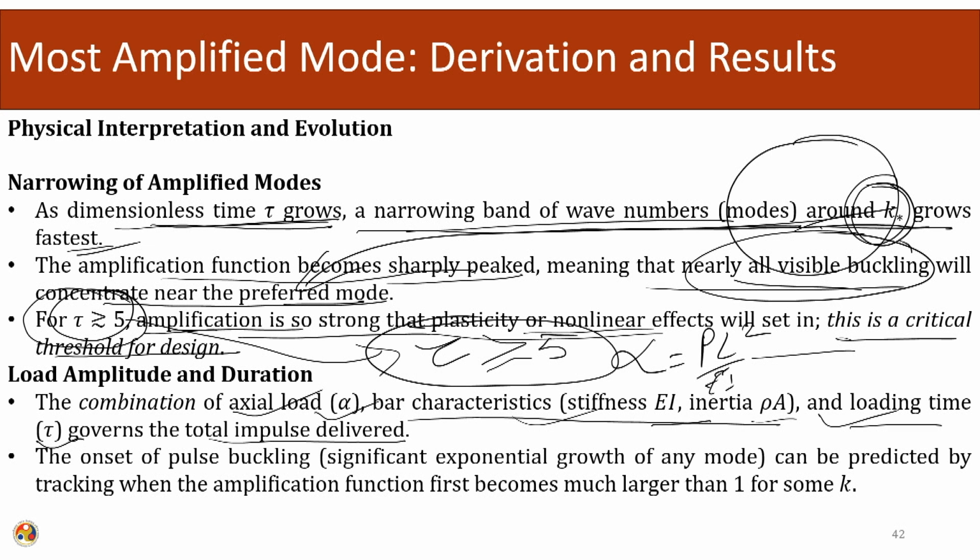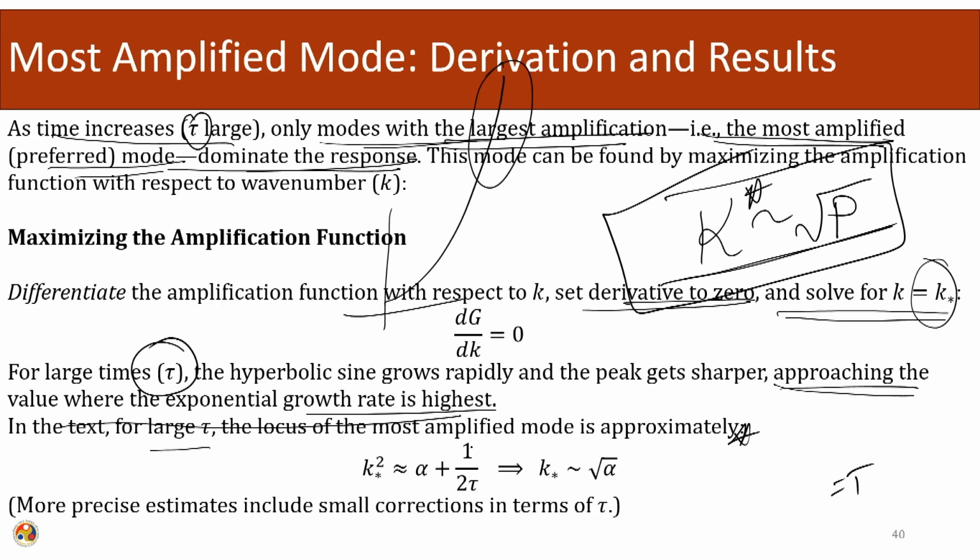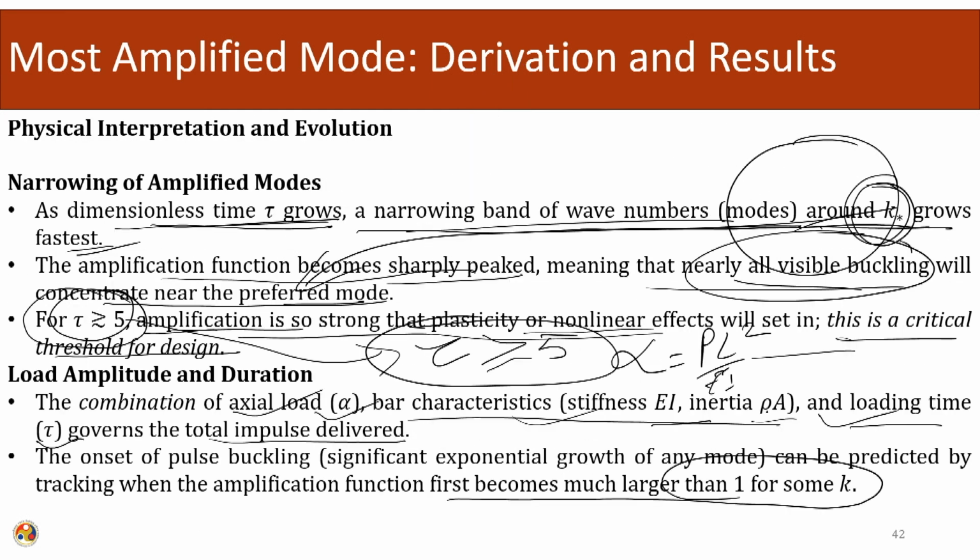At the onset of pulse buckling, significant exponential growth of any mode can be predicted by tracking when the amplification function first becomes much larger than 1 for some k. If that happens, the first mode is going to onset.